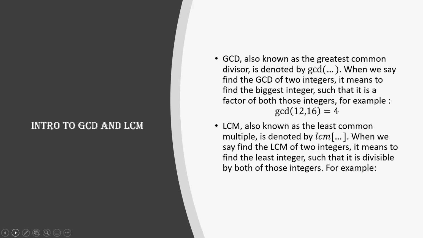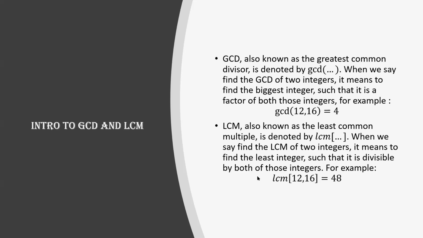Here's another example. The LCM of 12 and 16 is 48. Why is that? This time we will not decompose. I think all of you know how to find the LCM of two integers. I think we are taught that in 4th or 5th, so I don't have to go through that method.